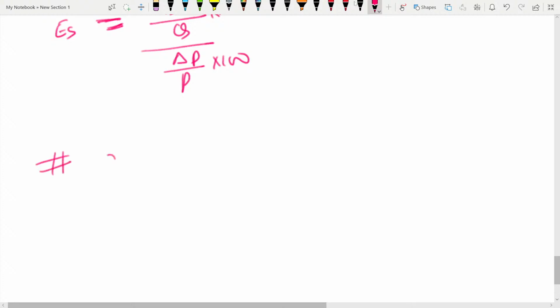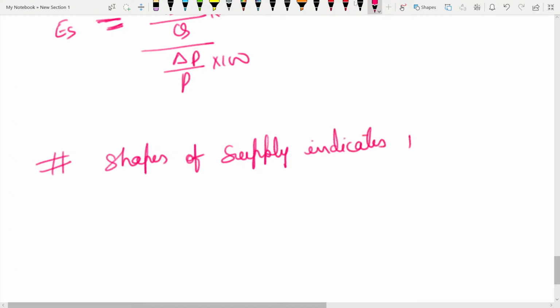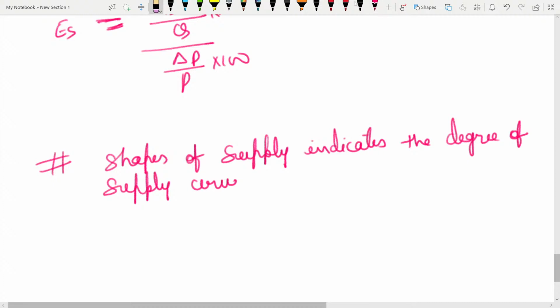What I am saying is that the shape of the supply curve indicates the degree of elasticity of supply.